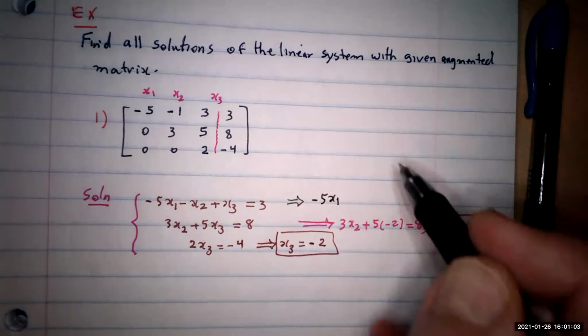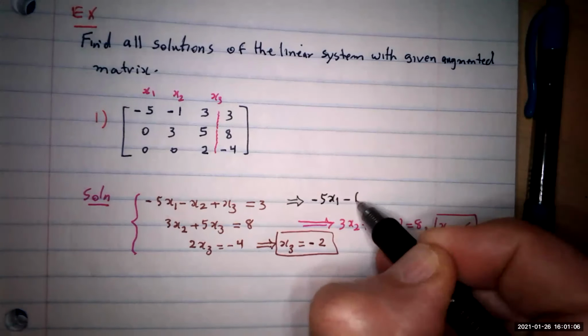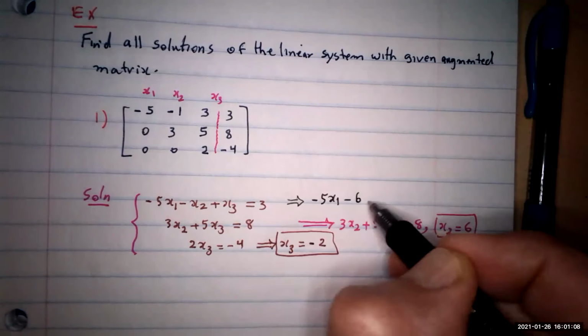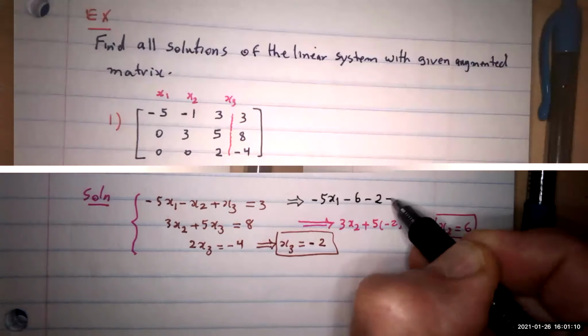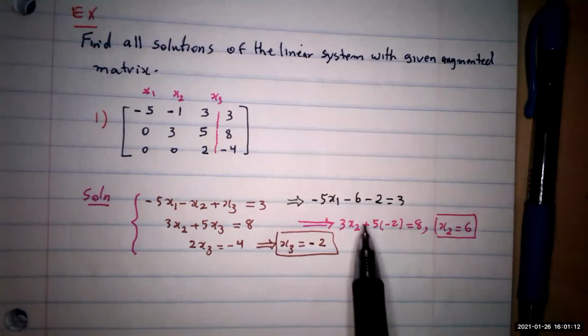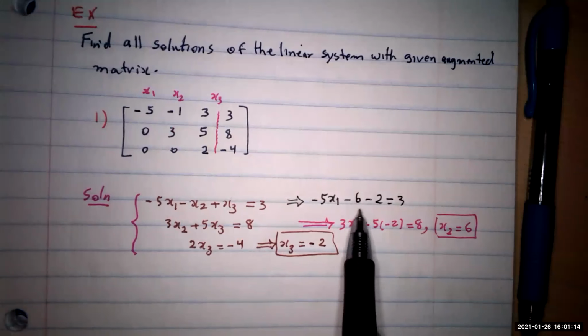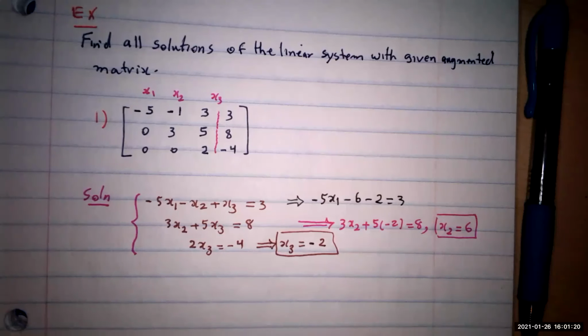The x2 is negative, that gives you -6, and the x3 is -2, equal to 3. That gives you -8, and we move it to the other side, so that gives us 11. I just double check to make sure I get it all right.